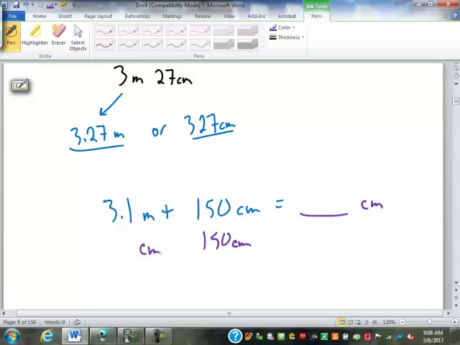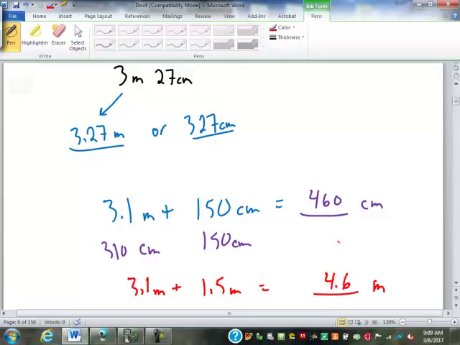We're going to turn this into centimeters, which would be 310. So that's 460 centimeters. If we wanted our answer in meters, we would have left the 3.1 meters, changed that to 1.5 meters, we get 4.6 meters. So the metric system is all a matter of what do you want your answer in and put it in that unit first. And the adding, subtracting, multiplying, dividing is just working with the numbers. There's no dual units to deal with.